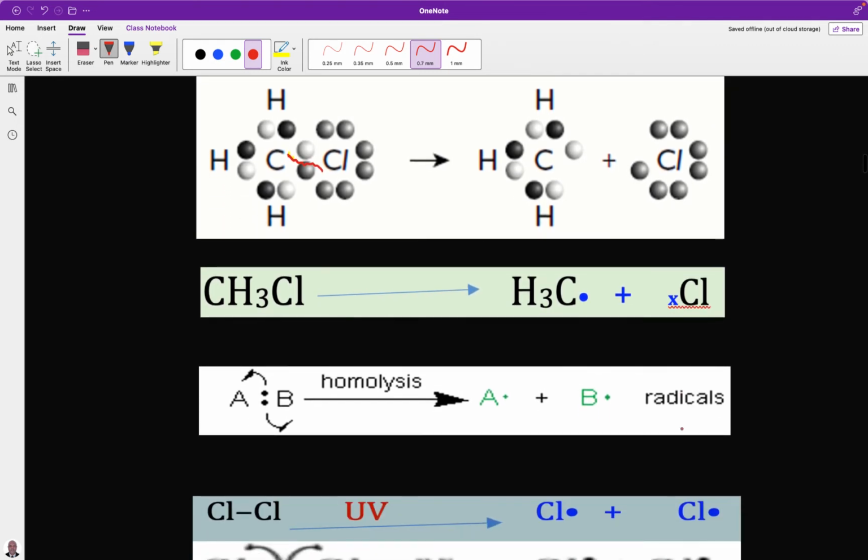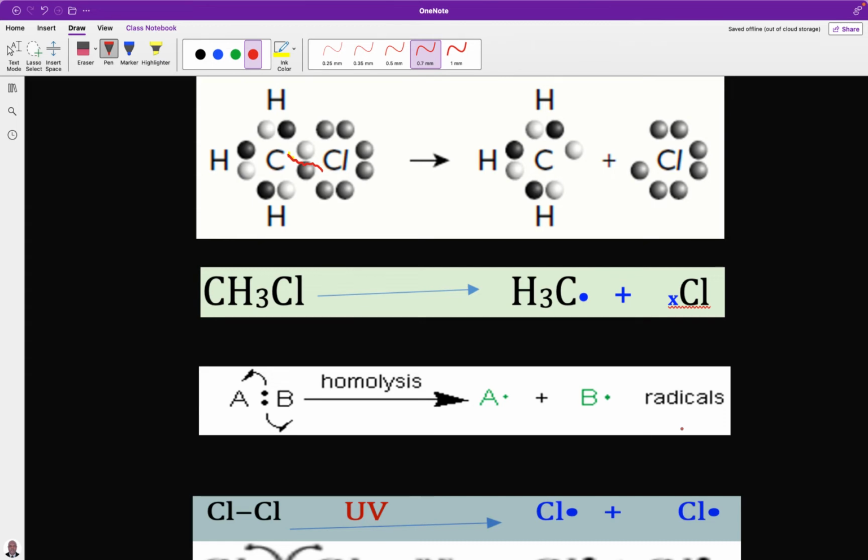This is a free radical, and this is also a free radical. So homolytic fission is even bond breaking, resulting in two atoms left with one electron each. The products of this even bond breaking are free radicals.